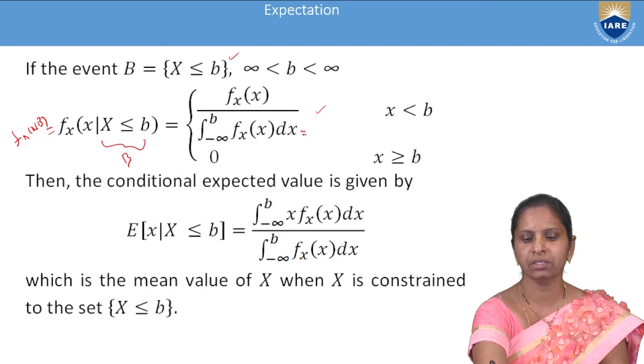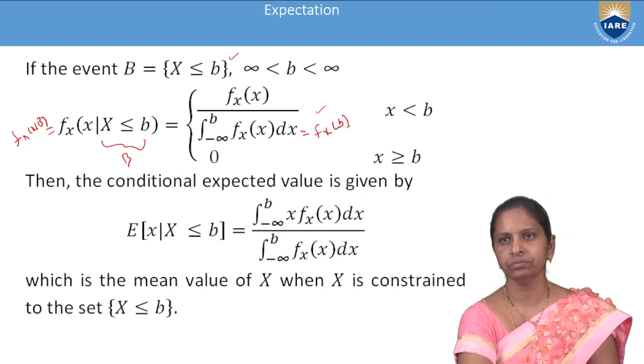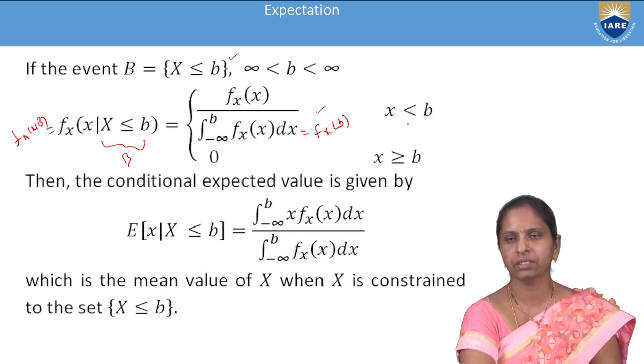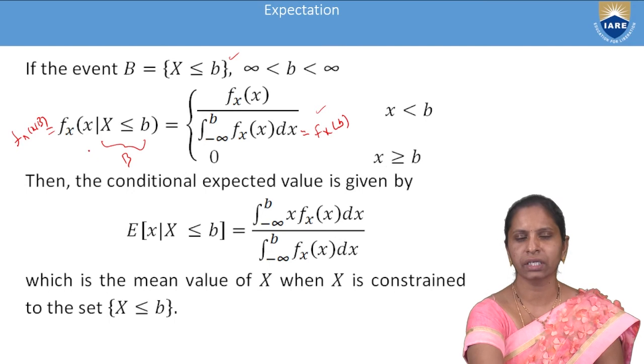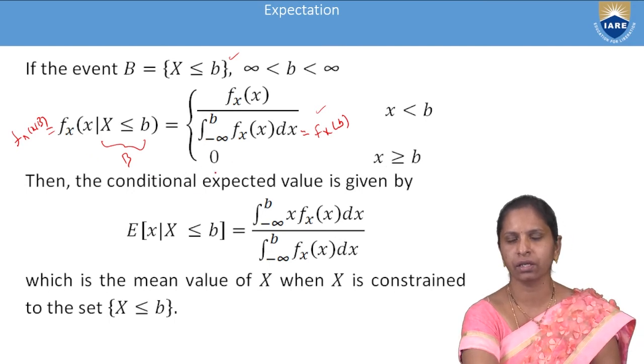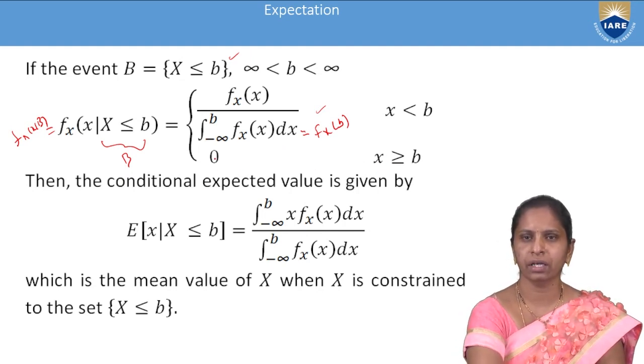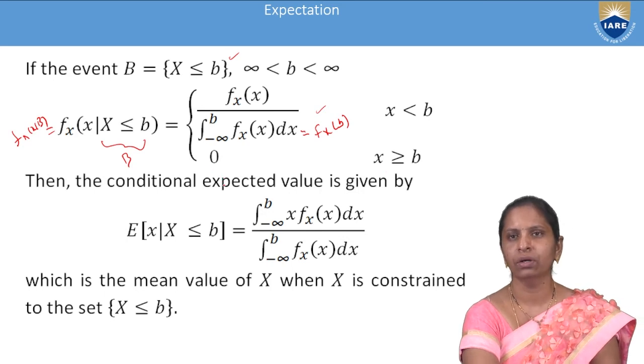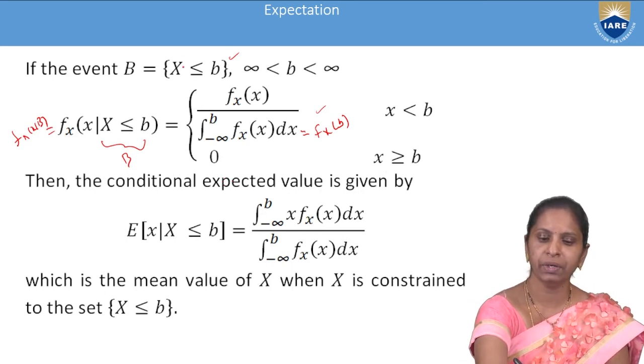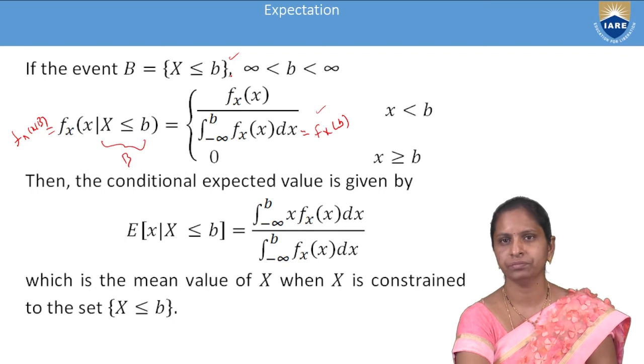The denominator is also called F x of b. This holds when x is less than b. When x is greater than or equal to b, the conditional density function is equal to 0. This is for the event x less than or equal to b.